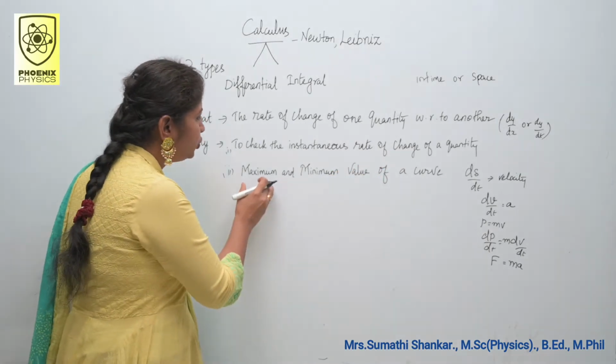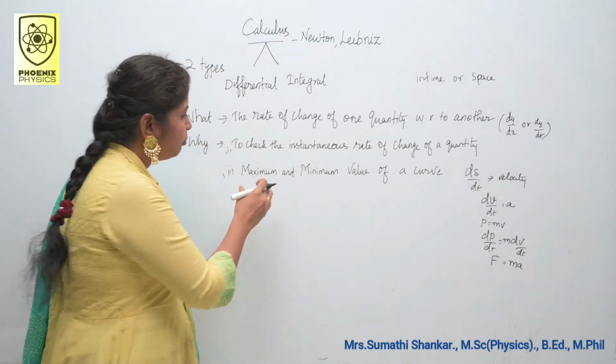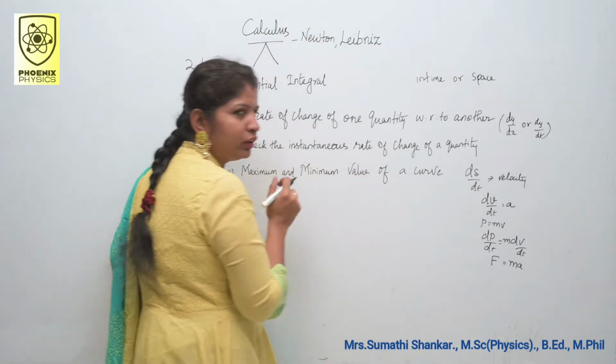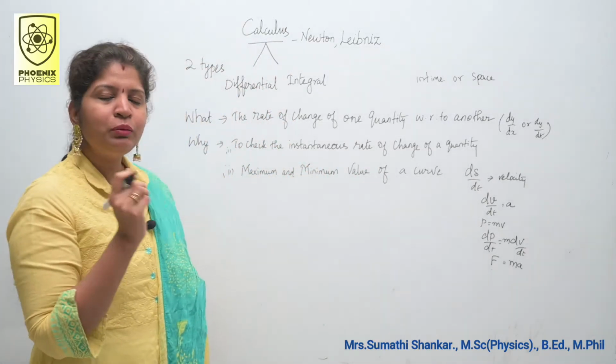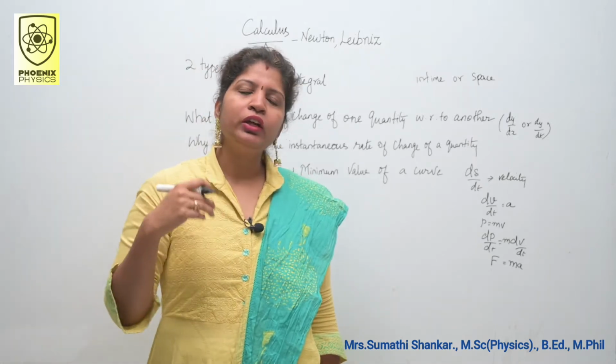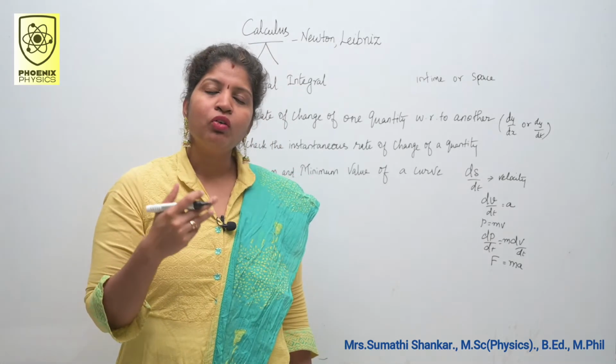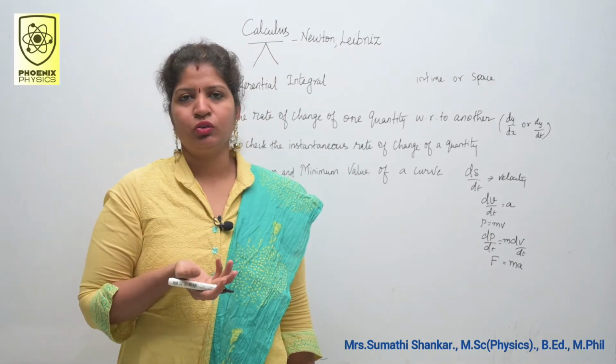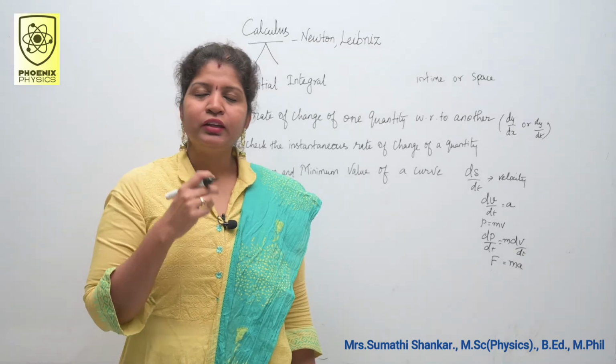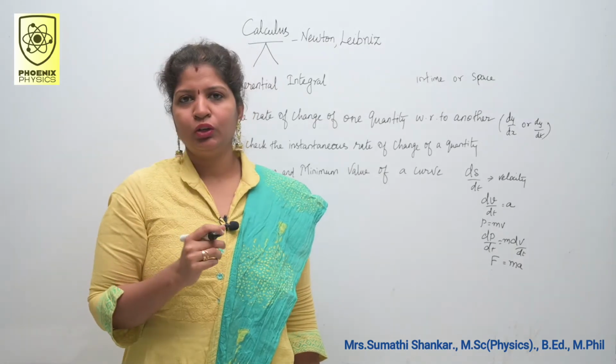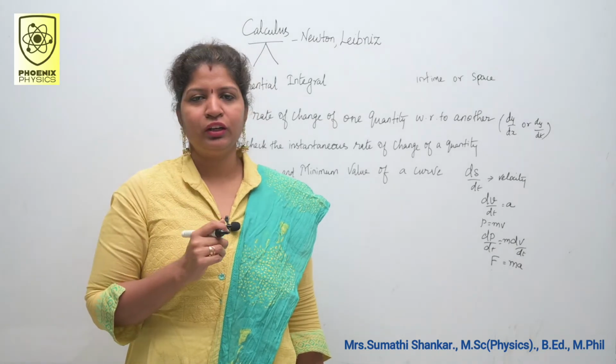Second, you can easily find the maximum and minimum value of a curve. Not only that, you can easily calculate profit and loss in business also. So, it is an important mathematical tool in our day-to-day life.